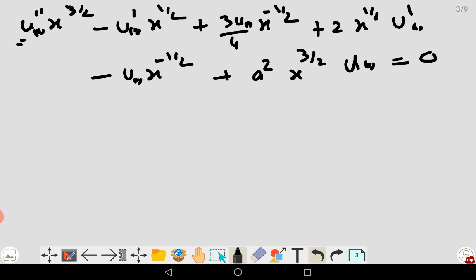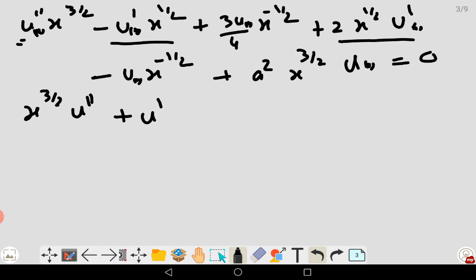Now we are rearranging it. What we get? This one is x power 3 by 2 u double prime. Now u prime should come under one roof, all the u prime, isn't it? Plus u prime, this term has u prime and this term has u prime, that's all.